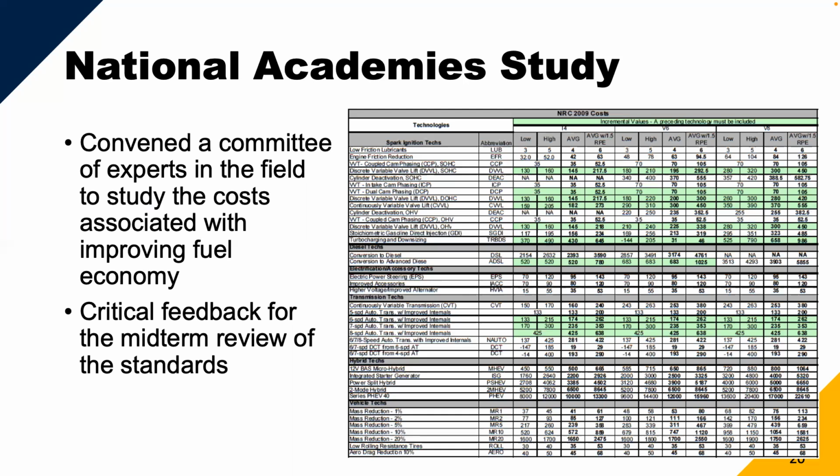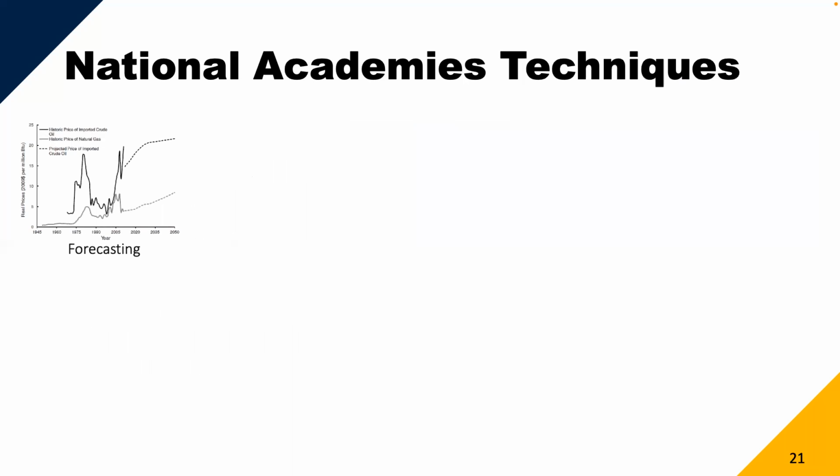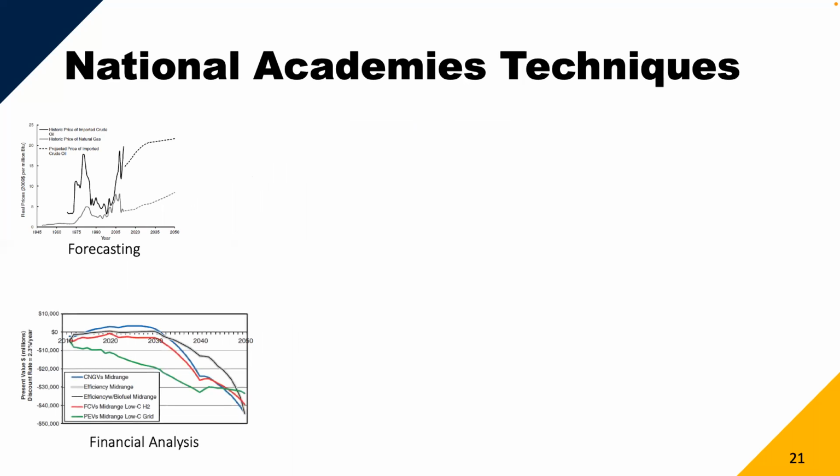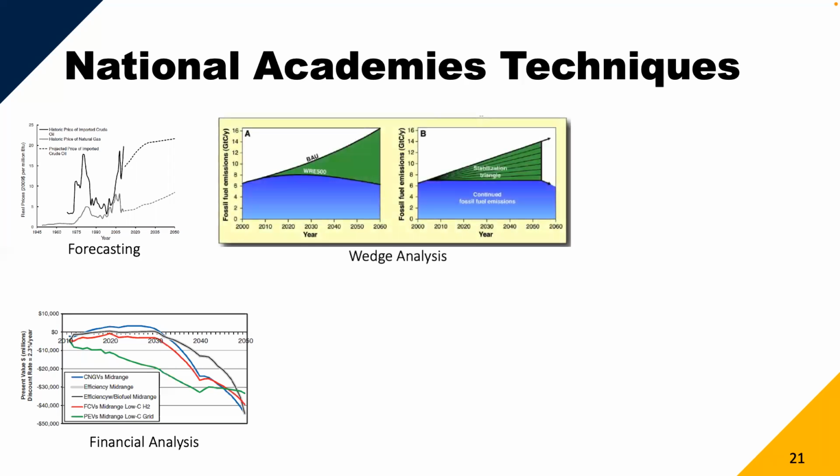This National Academy study employed a whole bunch of things that we've talked about: forecasting prices for technologies and for fuels. They do a whole bunch of financial analysis, looking at net present values and total cost of operation of vehicles. They did this wedge analysis, which actually comes from that National Academy's study. Wedge techniques refer to incrementally improving the efficiency of the vehicles and how they add up.